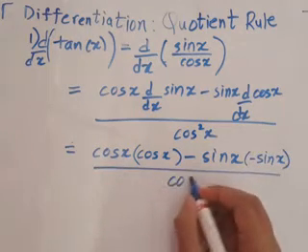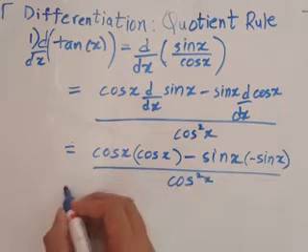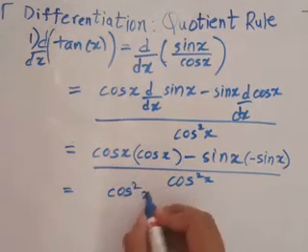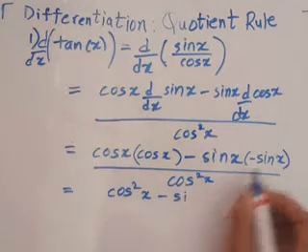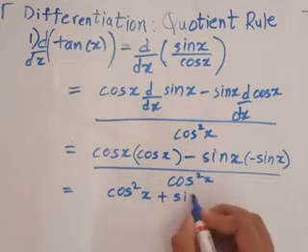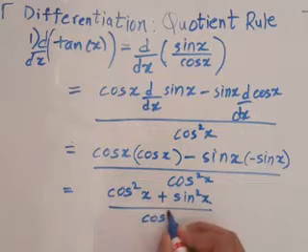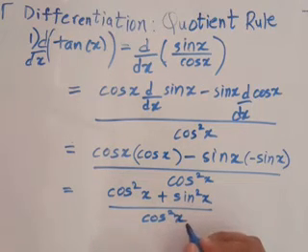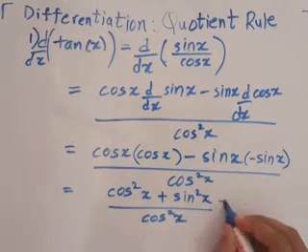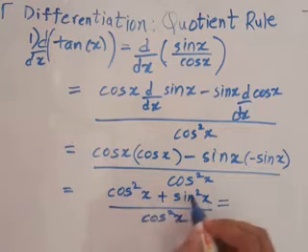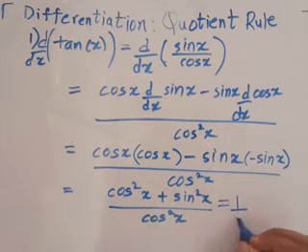So this is of course equal to cos square x minus and minus, I can write it as plus, so plus sine square x upon cos square x. And now we have the most important trigonometric identity, cos square x plus sine square x, that's just equal to 1.